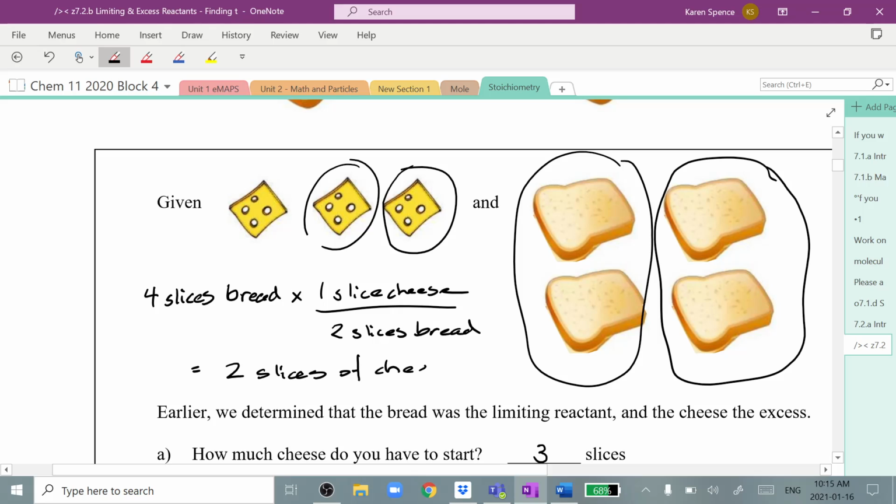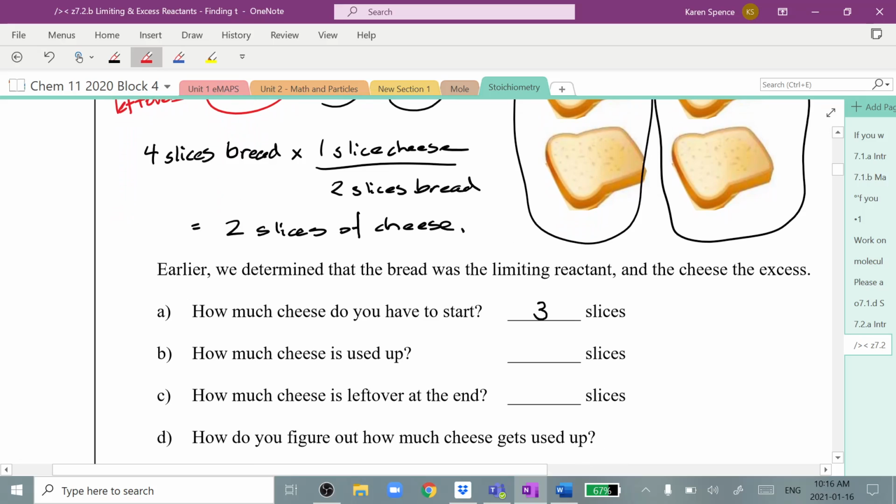So that's how much cheese is used up when we use up all the bread. And you'll notice that we have a slice of cheese left over. And this worksheet is all about looking for how much is left over.